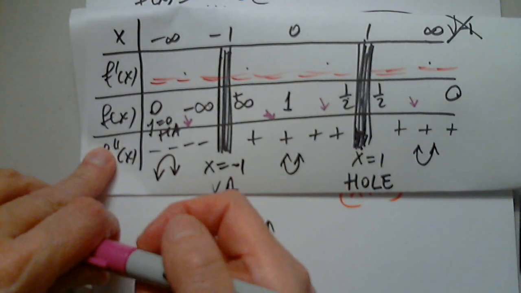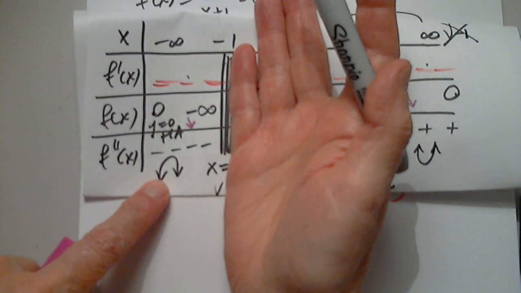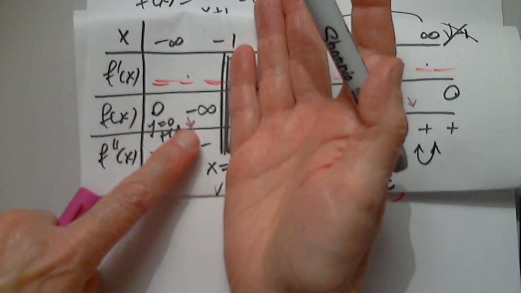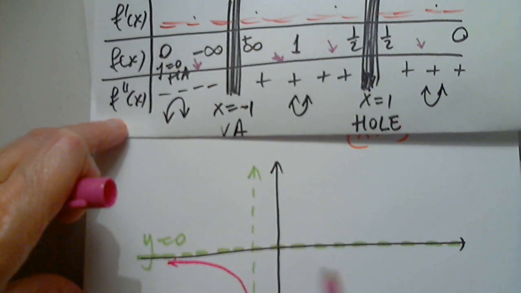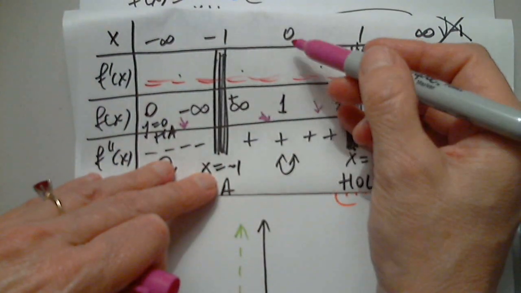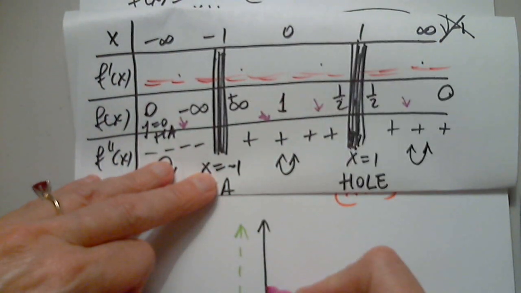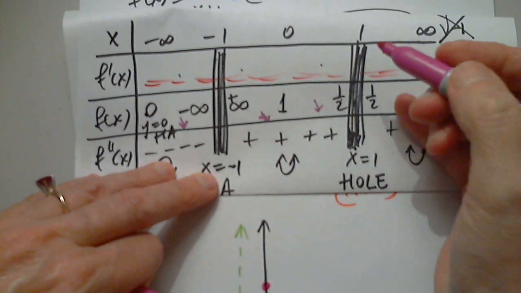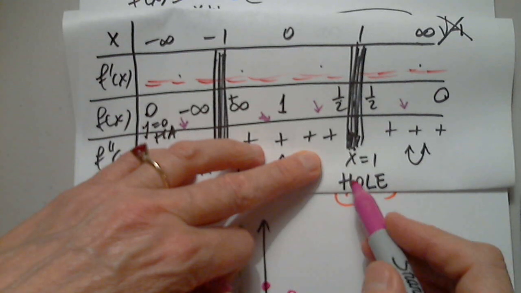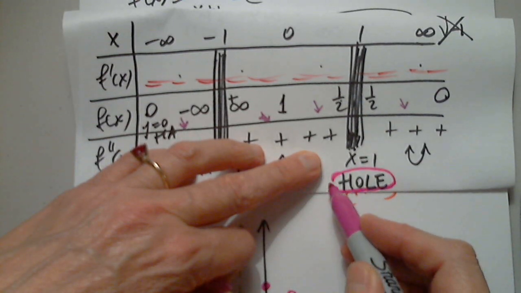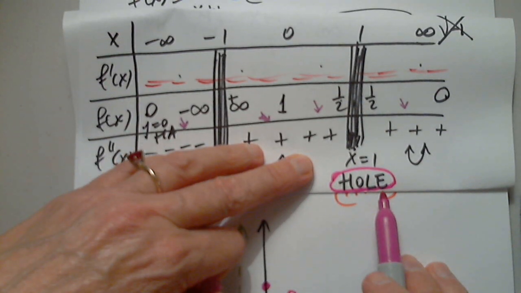Now, on the left-hand side of the vertical asymptote, opening down, decreasing from 0 to -infinity. Easy. Here I have 0, 1. Here I have 1, 1/2. A hole.